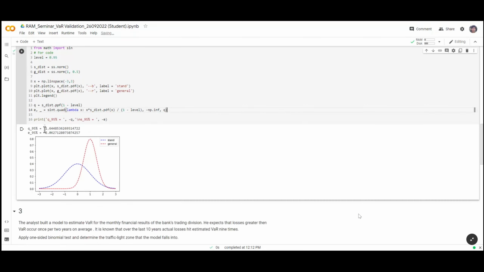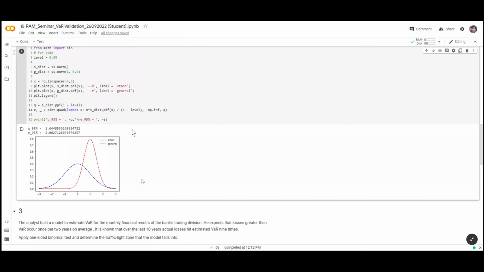Okay, so now I can see that value at risk for standardized distribution and expected shortfall for standardized distribution are those that we expected. So it's 1.65, right? So you know this quantile, you're familiar with this. And now you know that expected shortfall for standardized distribution is just 2.